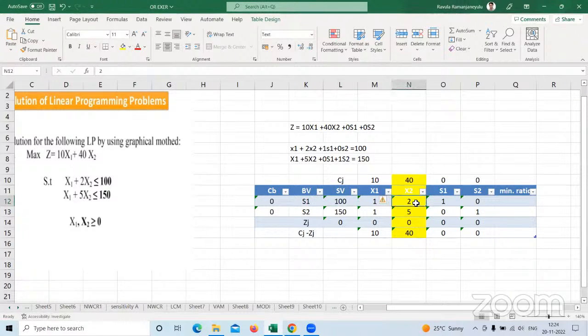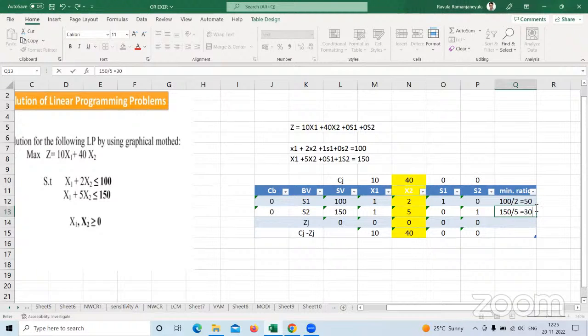So 100 divided by 2, 150 divided by 5. 100 divided by 2 is 50, right? The second, 150 divided by 5, is 30.